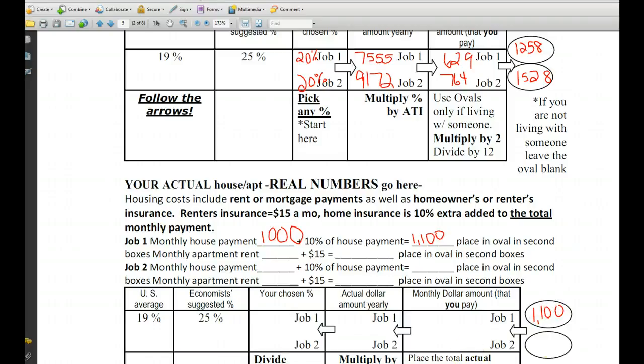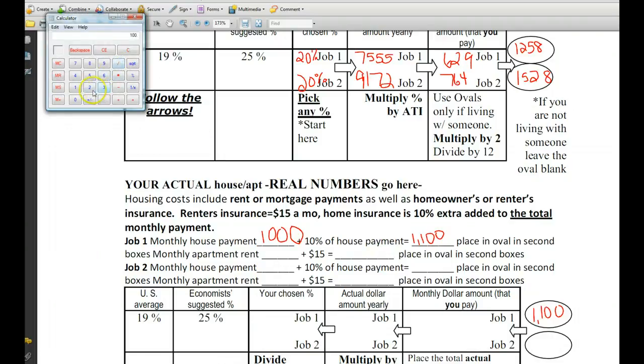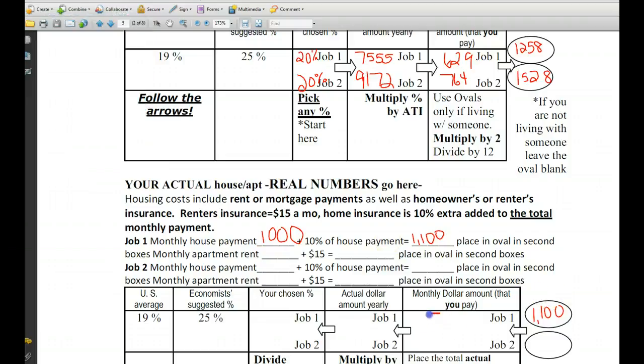Now I'm going to take that $1,100 and divide it by 2, because again my husband will pay for half. So 1,100 divided by 2 equals 550.